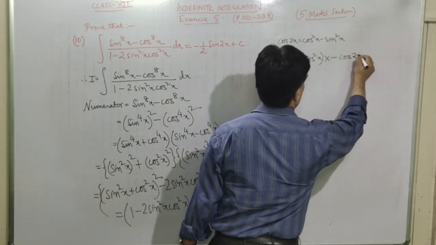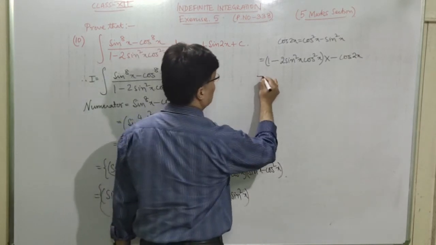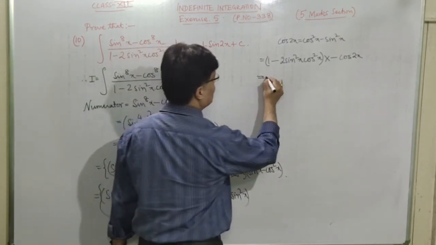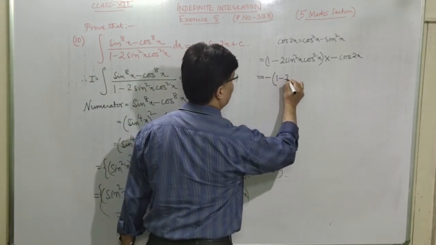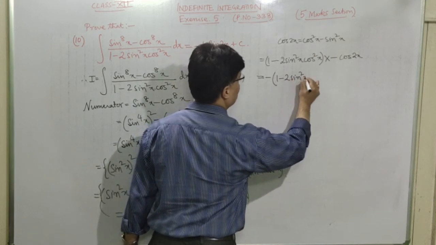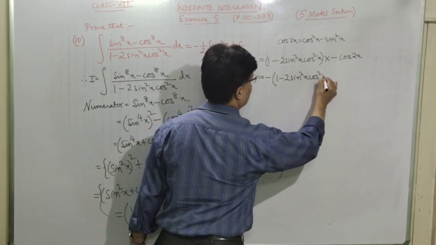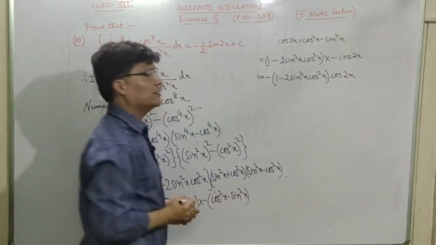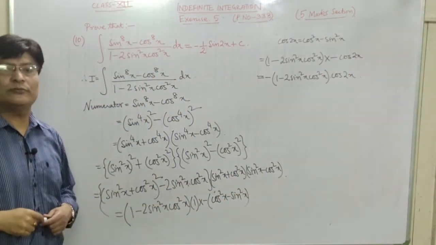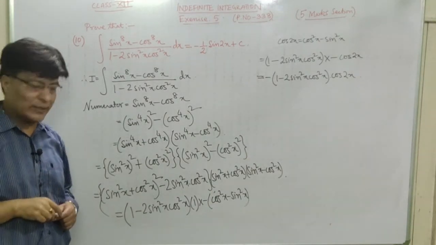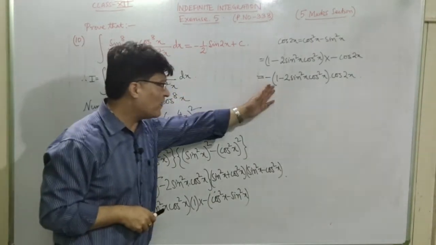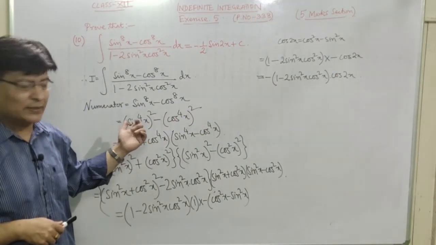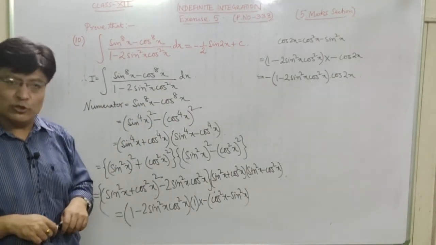It is cos 2x. Okay, so which is equal to, let us write down minus sign first, within bracket 1 minus 2 sine square x cos square x bracket closed into cos 2x. Is that understood now? So I think you have understood it. Okay, so this is the simplified form of the numerator. That means we have simplified the numerator.